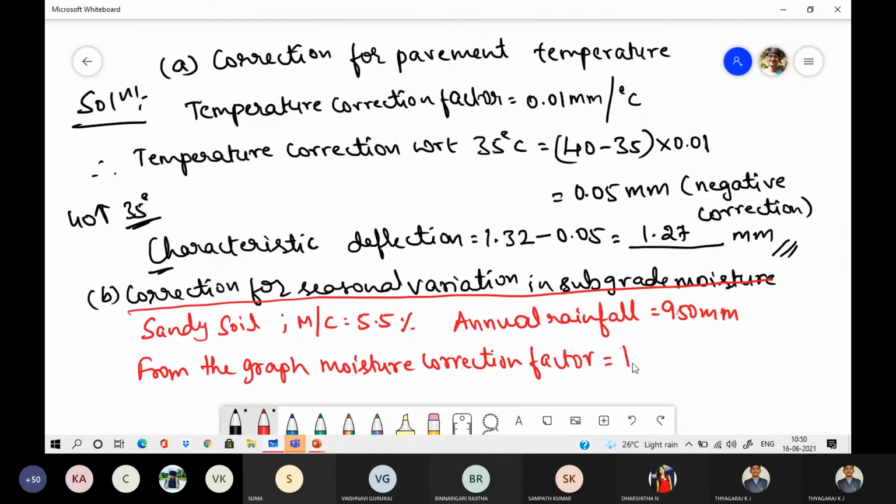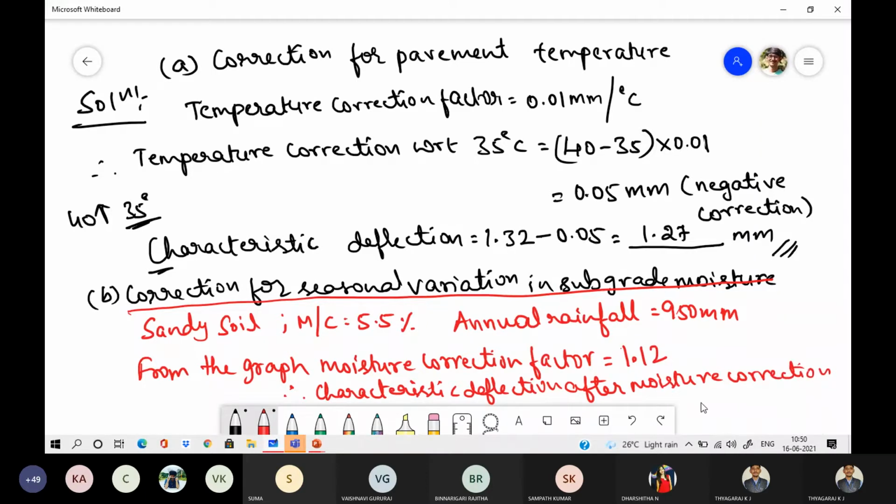So therefore characteristic deflection after moisture correction is equal to 1.12 into this value, after temperature correction.